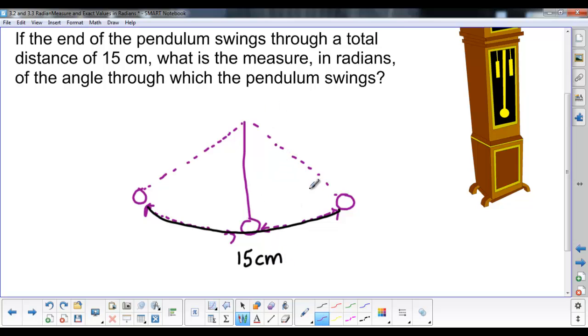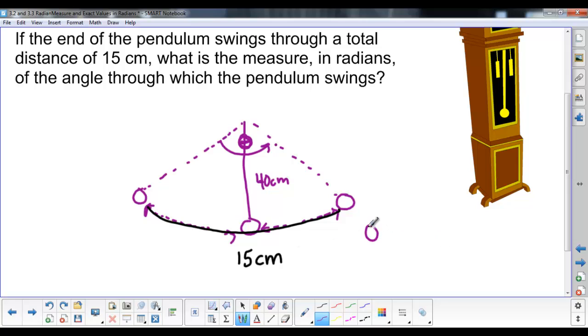And again, we mentioned earlier that the pendulum is 40 centimeters long. What the question's asking is, what is the measure in radians of the angle that the pendulum swings? Basically what we're looking for here is this angle theta that is created by this pendulum swinging.